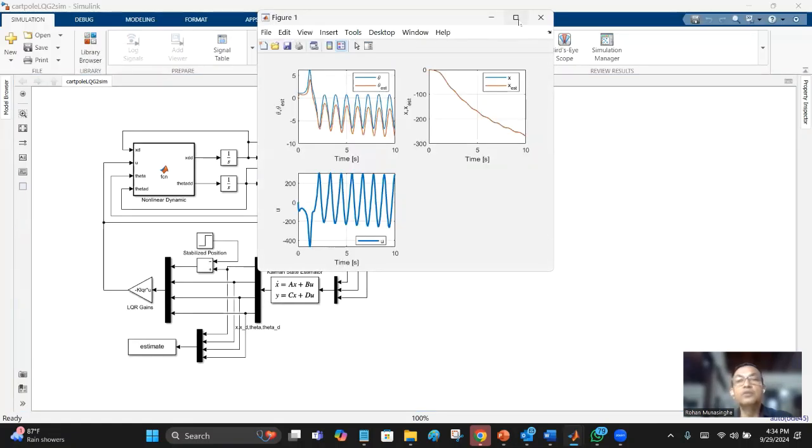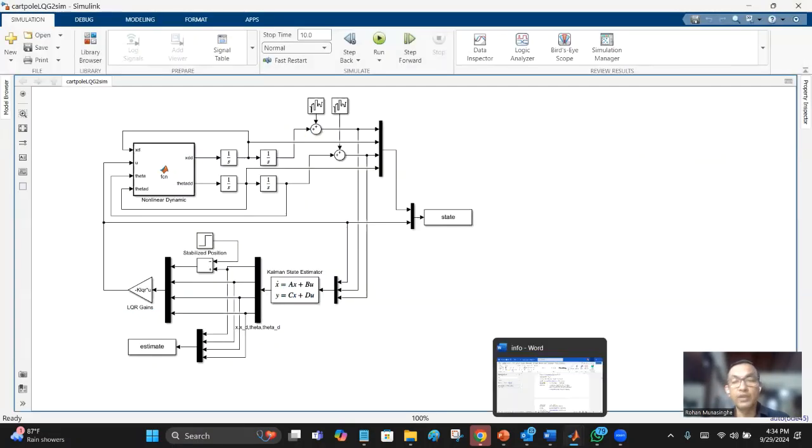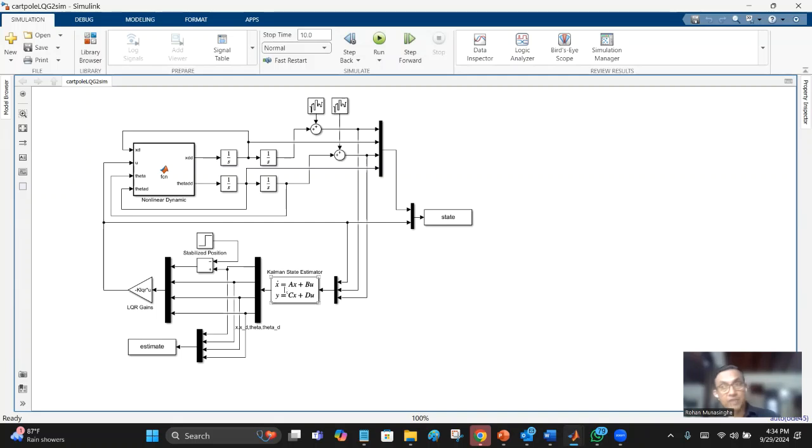It's still not good. We cannot handle a 60-degree deflection this way because you have a linear controller and the Kalman filter is standard, which is based on the linear model, but the actual plant is nonlinear.